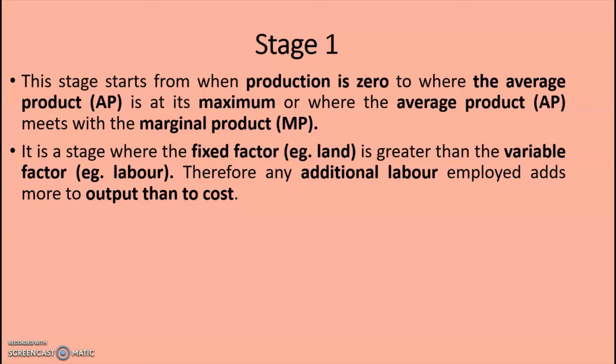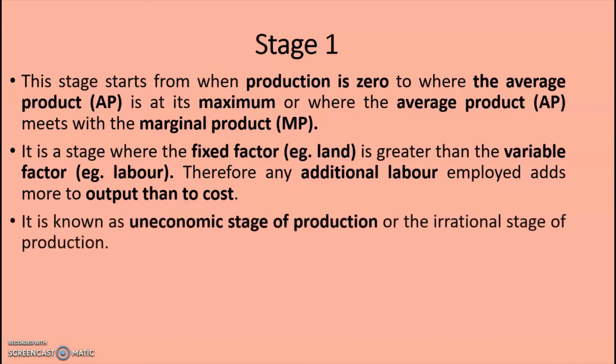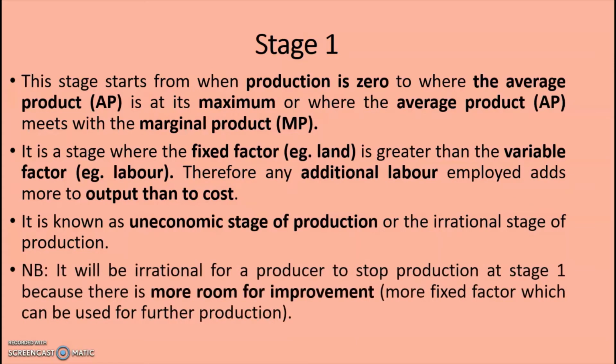Why? Because there is more room for improvement. In other words, the fixed factor, as I said, which is land, you have more land available. So all that you need to do to increase your production is to employ more of the variable factor, which is labor. It will be, as I said, uneconomical or not reasonable, stopping production in stage 1.